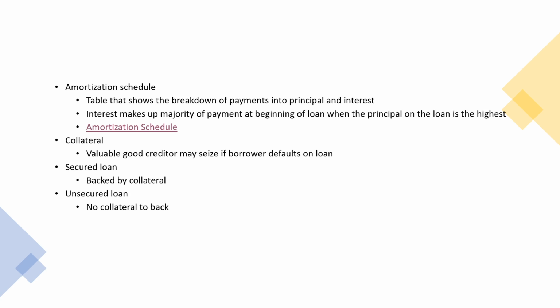An acceleration clause can be added to a loan by the lender. An acceleration clause states that if the borrower is late even by one payment on their debt or on their loan, then the lender can require that the entire debt be paid off in full immediately.